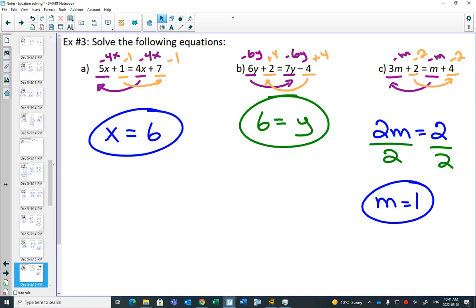But now we get to more complicated ones. I have 3 times a number plus 2. It happens to equal the same thing as if I took that same number and added 4. When I say that to you, your brain goes, whoa, too much information. I don't know where things are at. I can't do it. And that's the power of mathematics.